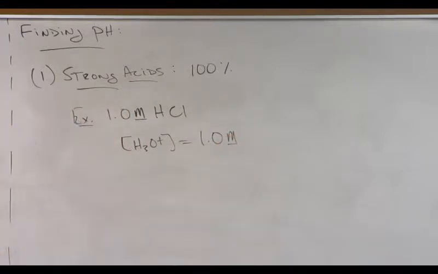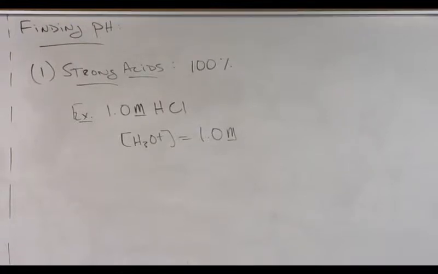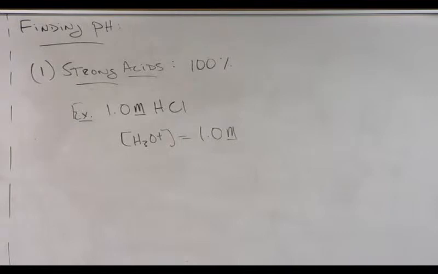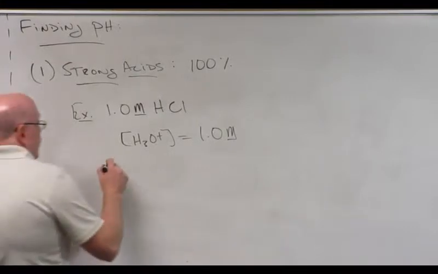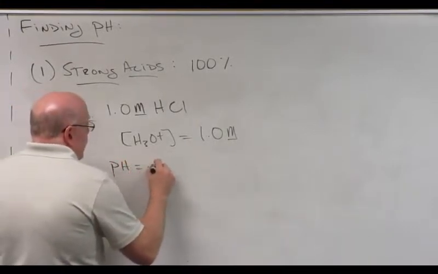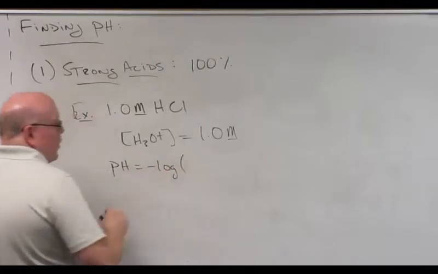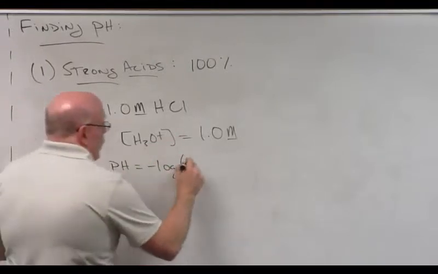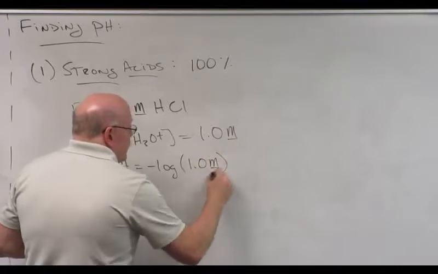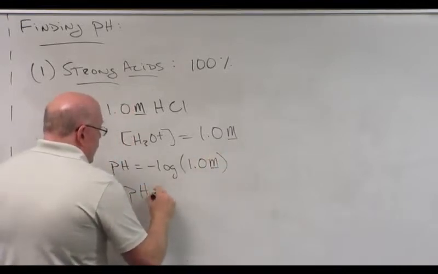Because all of it, all the H's in the HCl are going to be released. And so the concentration of those is directly the same. It only works for the 6 strong acids that we talked about. That's it. So if we needed to find the pH of that, it's pretty straightforward. The pH, negative log, hydronium ion concentration, which is 1 molar, is your pH of 0.